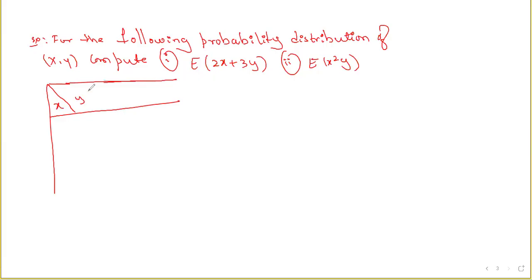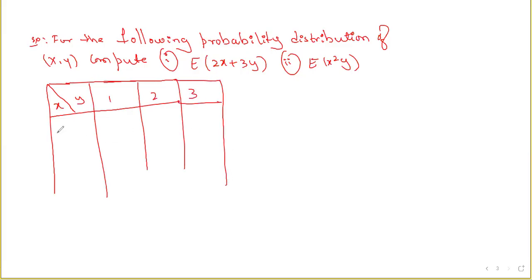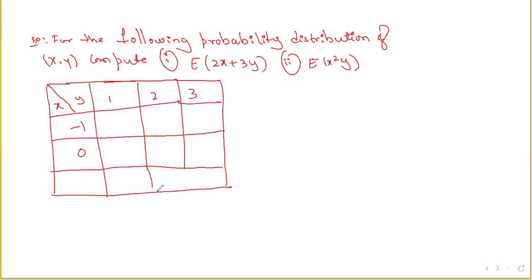So this is x and y. Y takes the values 1, 2, and 3. X takes the values -1, 0, then 1.